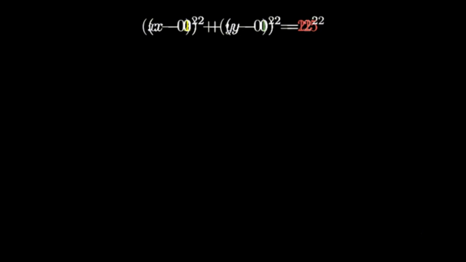When you see the equation (x - h)² + (y - k)² = r², you can immediately visualize a circle with center at (h, k), and radius r. This connection between algebra and geometry is one of the fundamental principles in coordinate geometry.